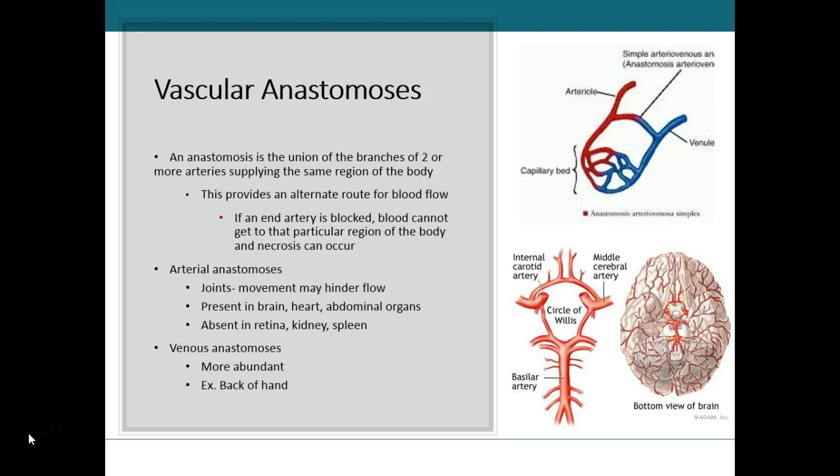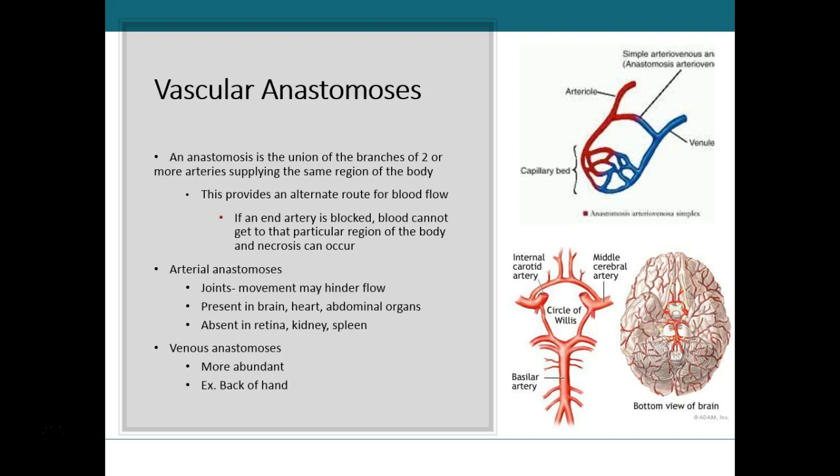However, in areas where it's critical that we do have blood flow, such as within the brain, we have alternate pathways, and that's basically what an anastomosis is, to make sure that blood flow continues to and from a particular tissue. You find a lot of arterial anastomosis in areas that are vital to life, such as the brain, the heart, and the abdominal organs.